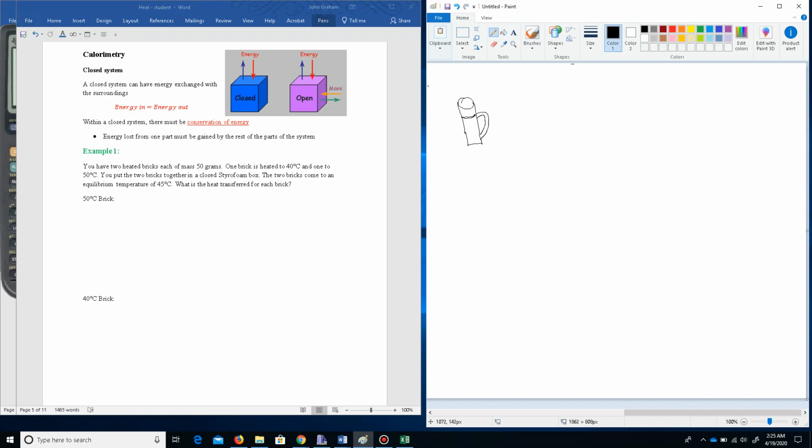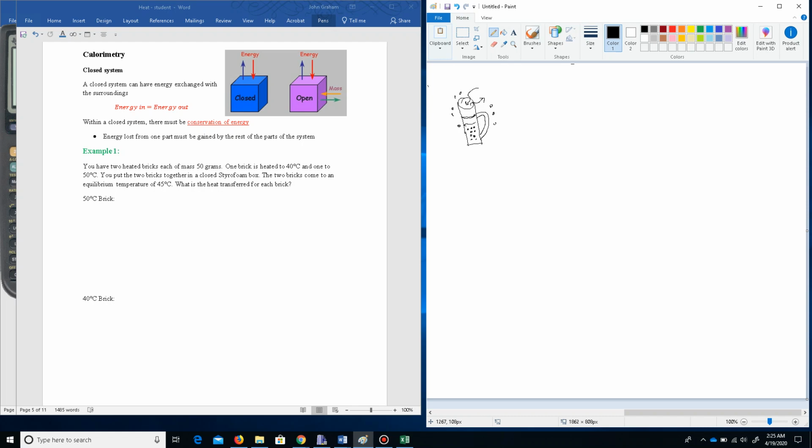And it's made to keep heat, but you're going to have some energy from the atmosphere come into it, and some energy from inside come out. What you won't have is the particles inside leaving, or the particles on the outside going in. That's a closed, sealed system.